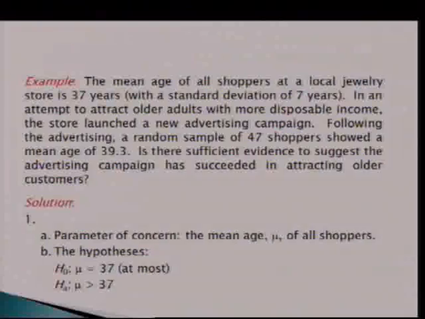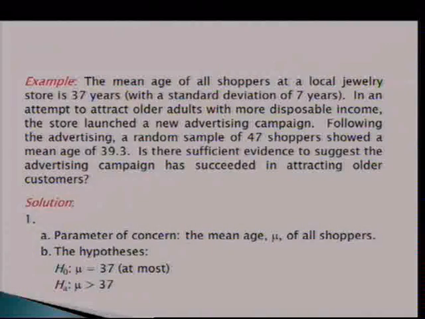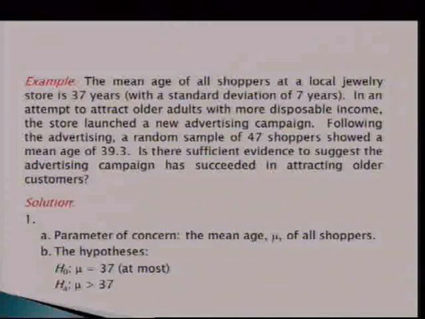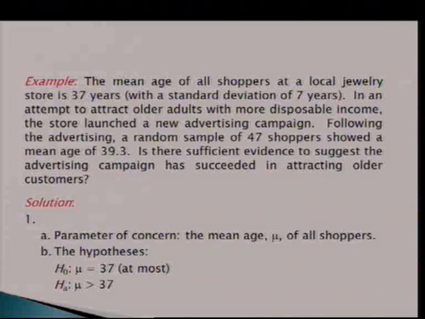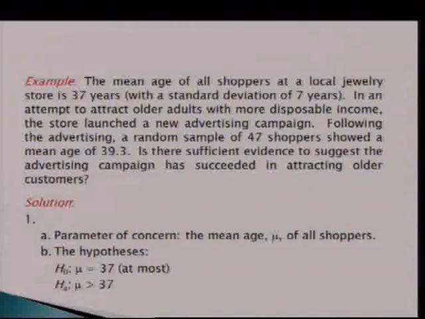In an attempt to attract older adults with more disposable income, the store launched a new advertising campaign. Following the advertising, a random sample of 47 shoppers showed a mean age of 39.3. Is there sufficient evidence to suggest the advertising campaign has succeeded in attracting older customers?